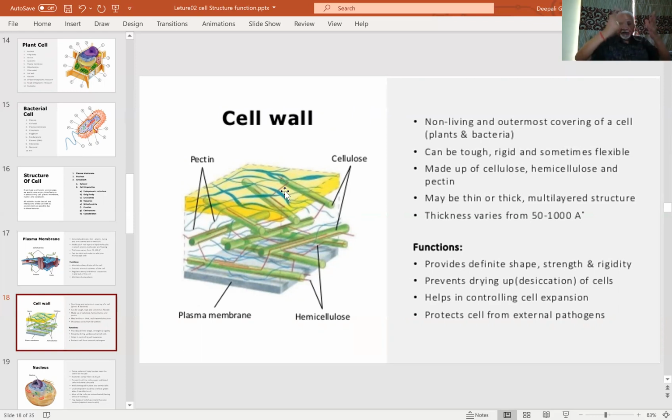But the cell wall and billions of cells, when they unite together through cell wall, give rigidity to the structure, and also help in giving shape and strength. It prevents cells from drying out, and also protects cells from external pathogens. So it is a very important organelle as far as plant cell is concerned.